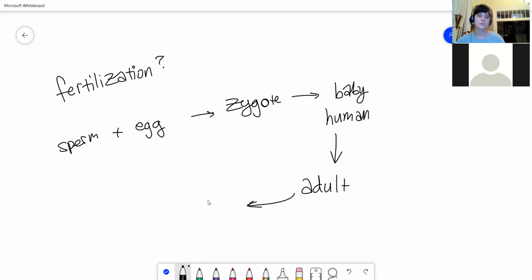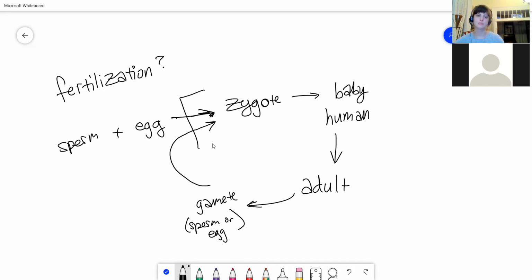That adult will produce sperm or egg, some kind of gamete. And in order to get back to the life cycle, we need the other one, right? So another gamete joins together, and that's fertilization. Okay, sperm plus egg. Okay, so we can make human life cycles seem complicated, just like we can do with plants.